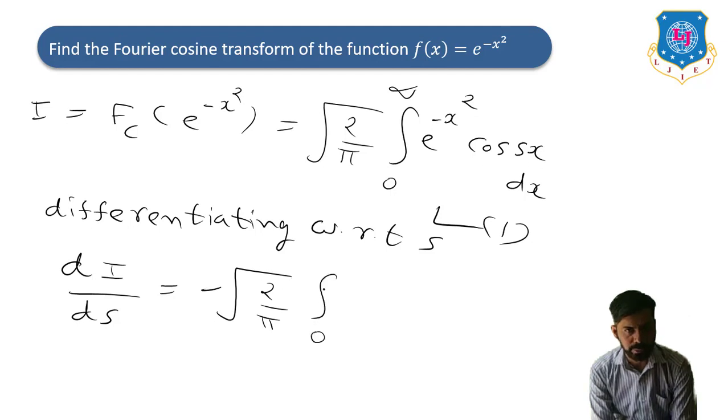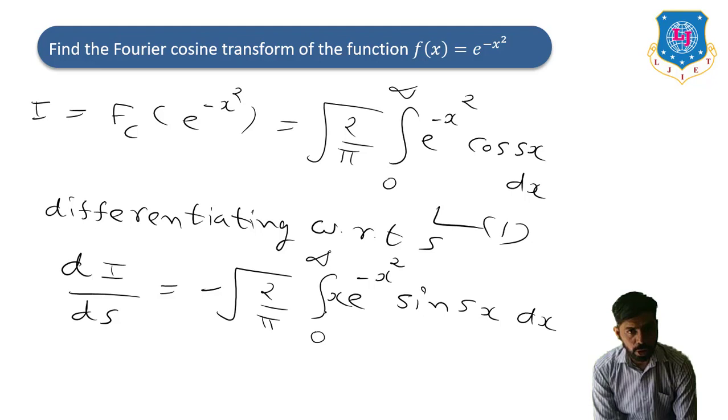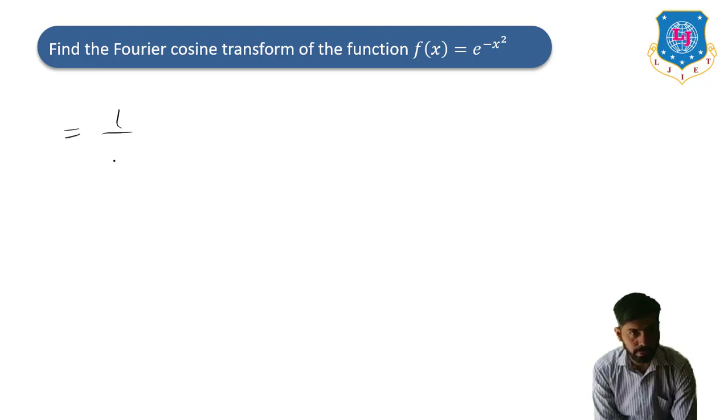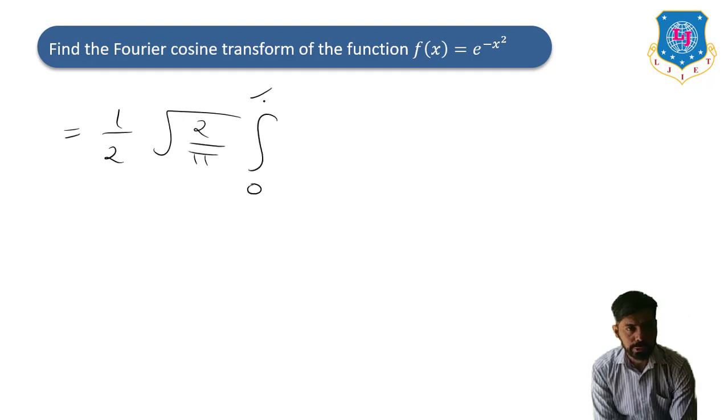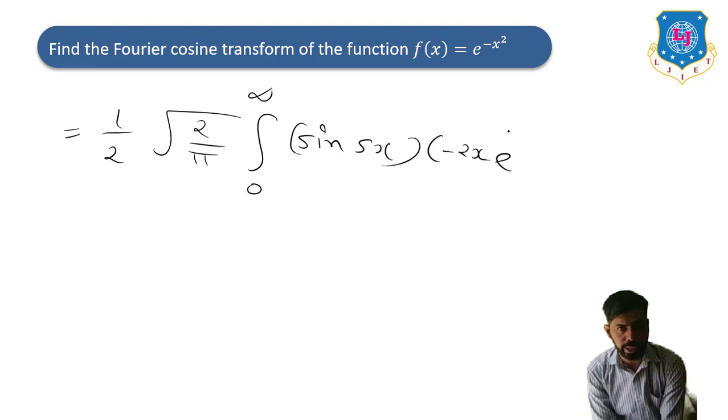This will be integration 0 to infinite e raised to minus x square sine sx into x. So writing x over here. Okay, now multiplying and dividing by 2. So this can be written as 1 upon 2 square root 2 by pi integration 0 to infinite sine sx into minus 2x e raised to minus x square dx.